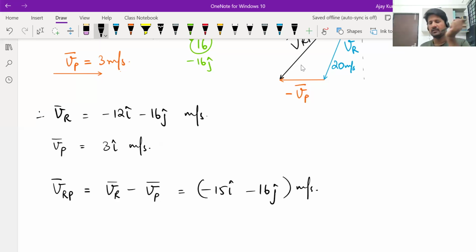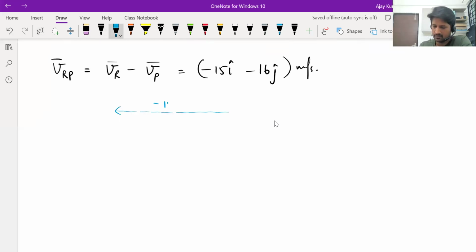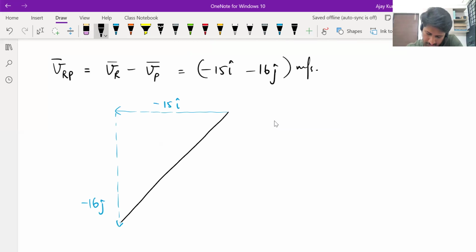Let it be. And now you can tell its magnitude. That will be the relative speed. And if you want direction, imagine this vector. If you want the angle, imagine this vector. Minus 15 i cap, minus 16 j cap. So this is how the raindrops actually appear to fall.